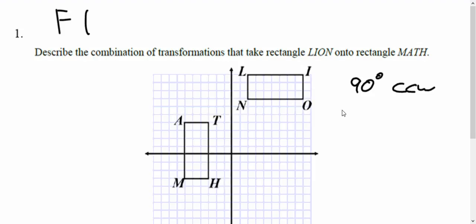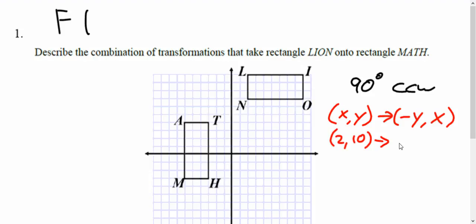Well, a 90 degrees counterclockwise rotation takes the point (x, y) to (negative y, x). So this point L, which is at (2, 10), is going to go to (negative 10, 2). So that's where L maps.